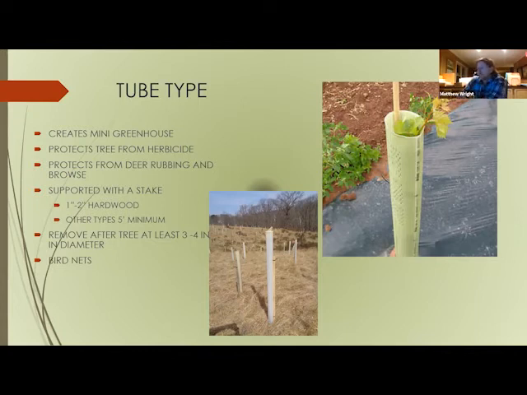They're supported with a stake, usually 1 to 2 inch. We have some contracts that we use 2 inches. I'm not really sure that you're getting much more longevity out of a 2-inch stake than you are out of a 1-inch stake. And the zip ties that come with the tubes are kind of designed for the 1-inch stake.